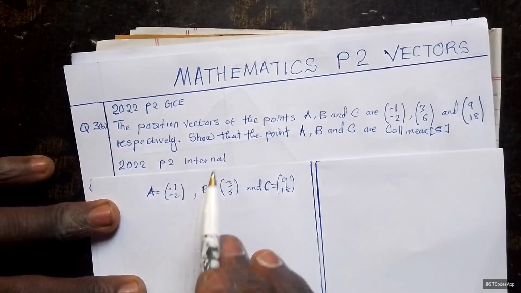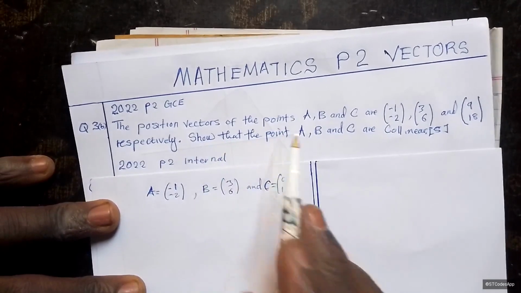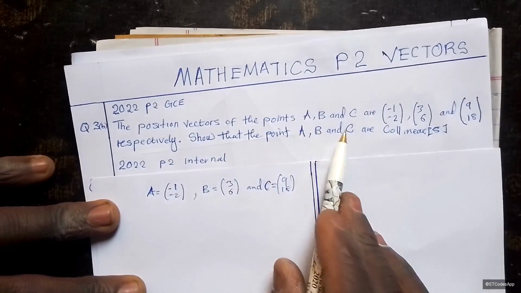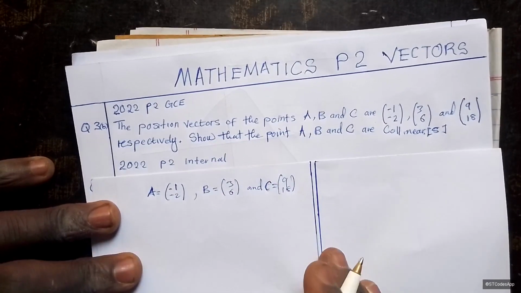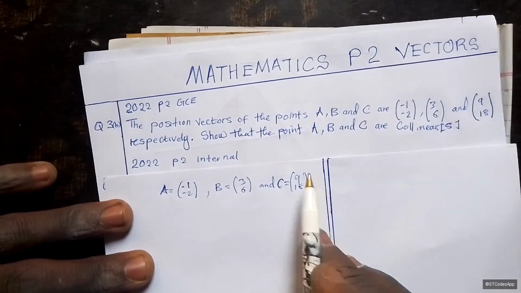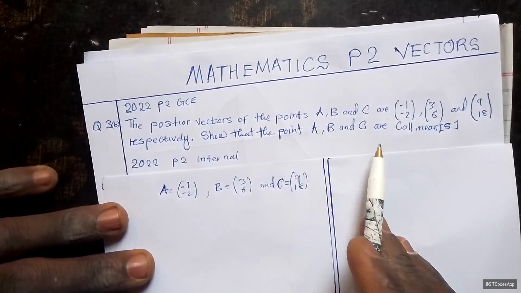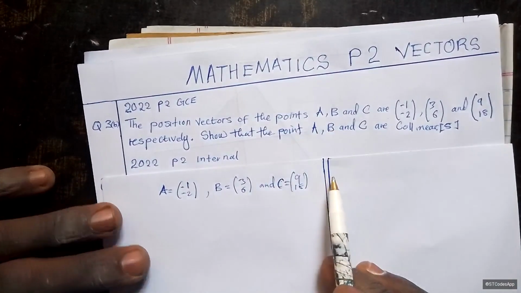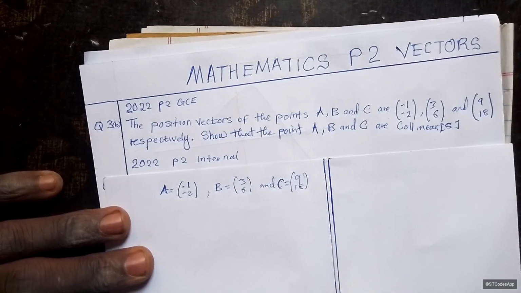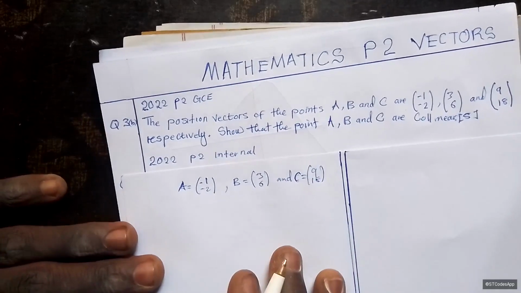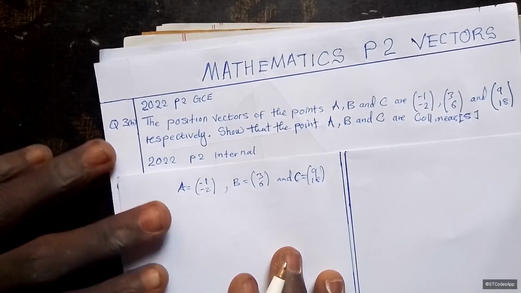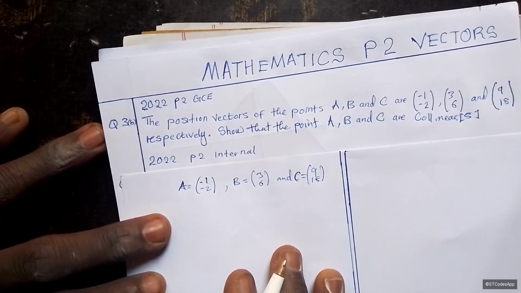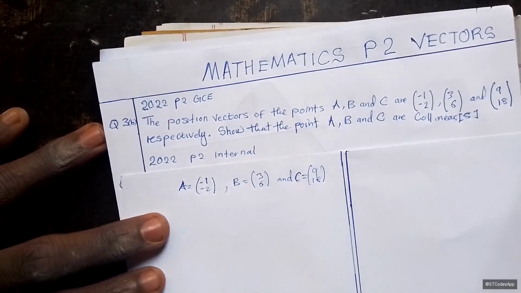Now the question is saying, show that the points A, B and C are collinear. To prove that these points are collinear, of course they are collinear, but we need to prove it. I'm going to give you a simple formula which is going to help us answer this part.